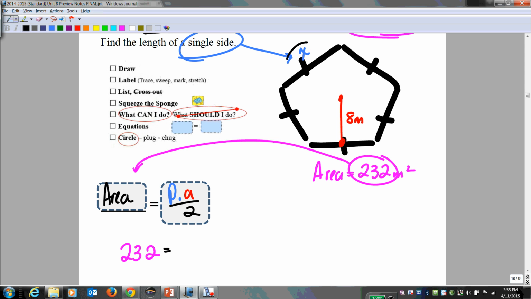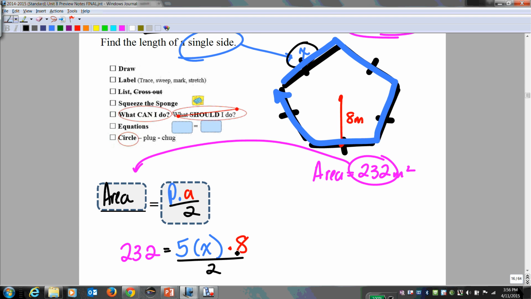We don't have the perimeter. But we do know our perimeter here is going to be 5 times whatever our x is. So I'm going to write 5 times x. That's our perimeter, meaning our side length, times our apothem, which is 8, over 2.